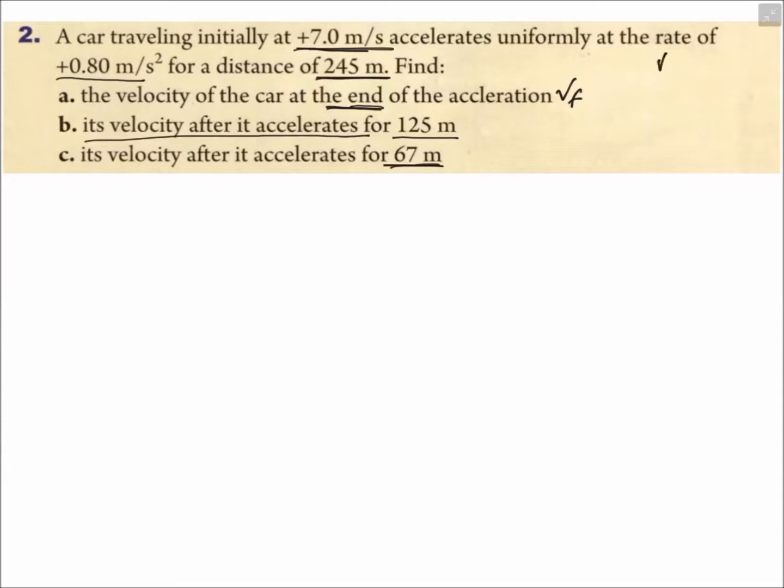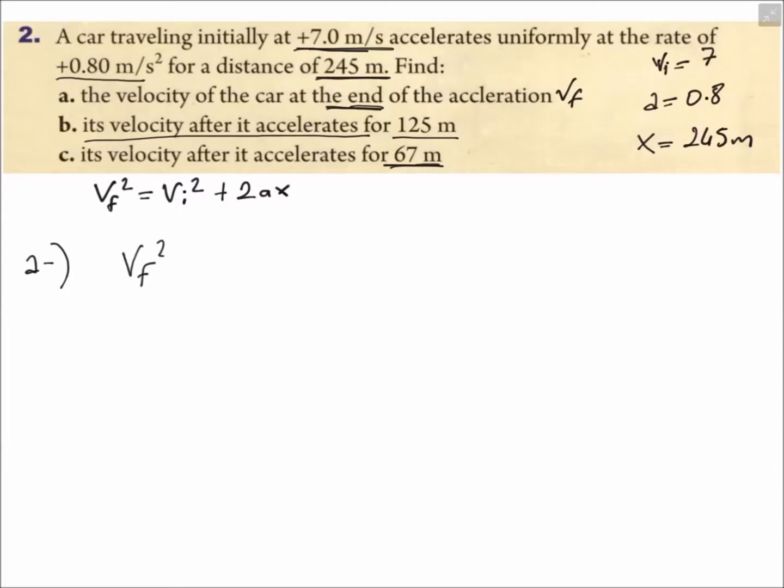And the givens: v initial is 7, acceleration is 0.8, and x is 245 meters. For this we have a time independent formula: V final square equals V initial square plus 2ax.